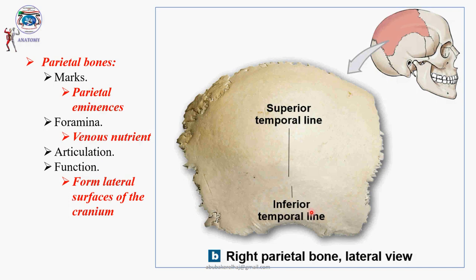Then in the brain box we also have two parietal bones, and on these parietal bones we have the main landmarks in this area. We have the parietal eminences, on both lateral sides, one on the right side and the other on the left side.